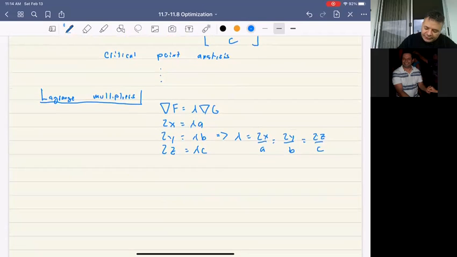Okay, so really what I'm going to do is I'm going to say, well, x is lambda a over 2, y is lambda b over 2, and z is lambda c over 2.